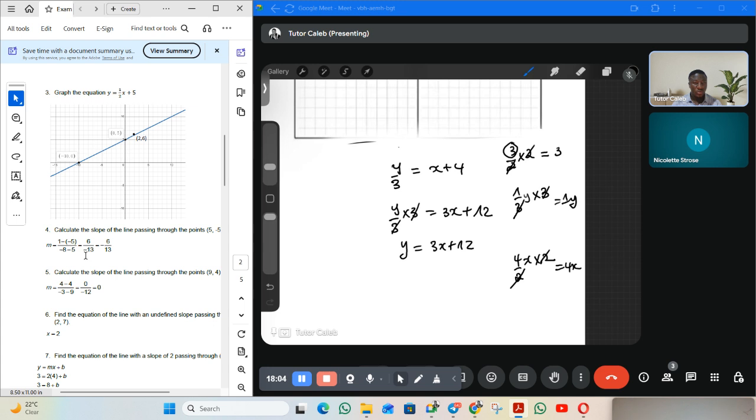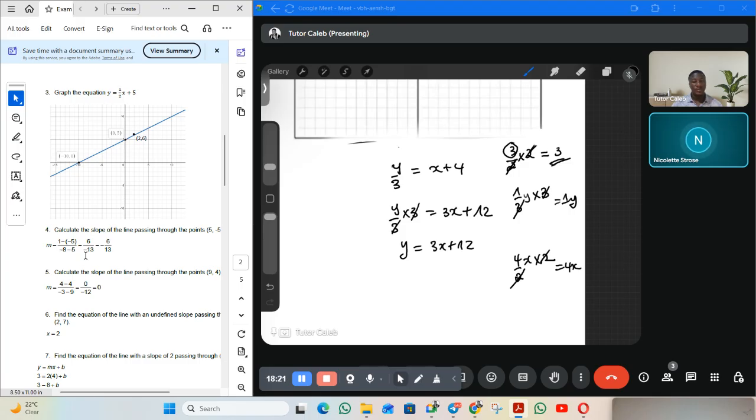Just like the same way you did 3 over 2 times 2, the 2 will cancel with the 2 in the denominator, and you'll be left with 3. That's why you get the result of 3. Even without using your calculator, you can do it. Is it clear? Yes, I think so.